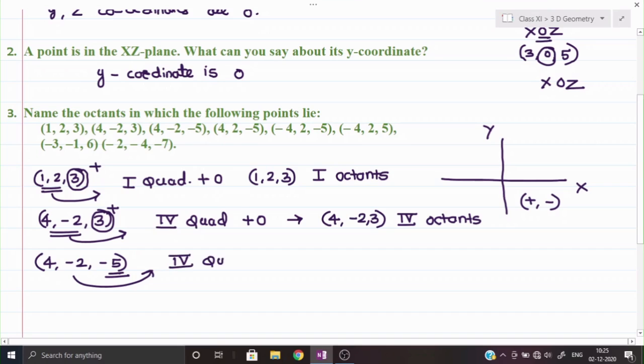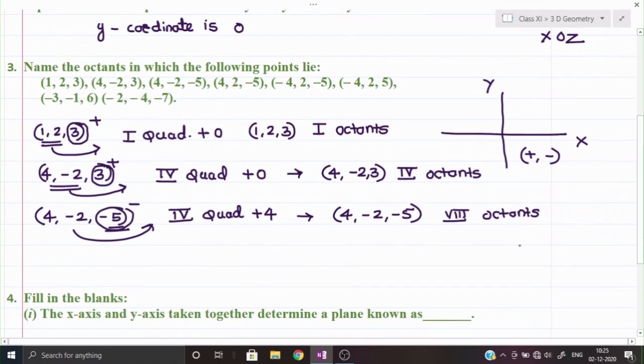Now since our z coordinate is negative, we will add 4. So 4 plus 4 will be 8. So we can say (4, -2, -5) will lie in the 8th octant. Let us see one or two more.